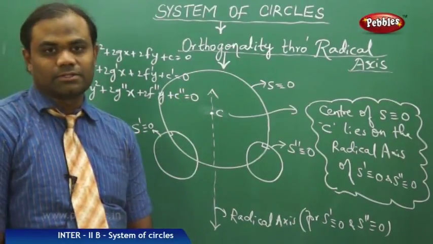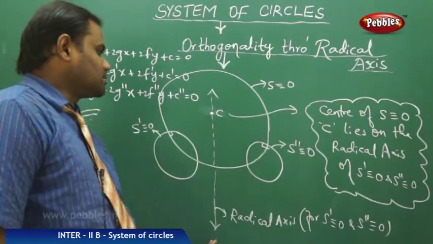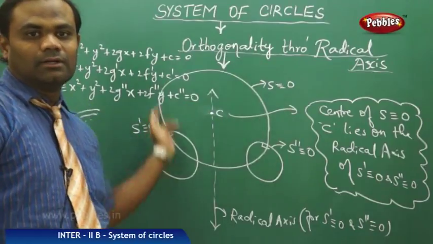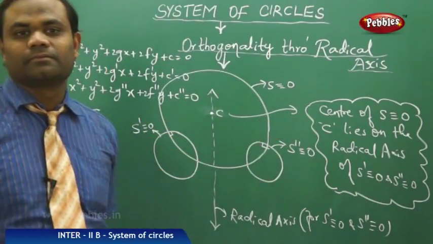That's how we identify the geometrical property connecting the radical axis with the center of the circle which is orthogonal to this and this.